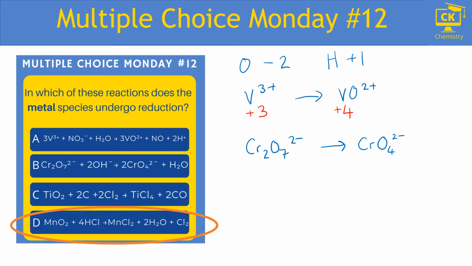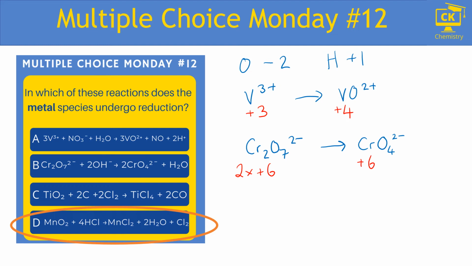The whole thing adds up to -2, and therefore I've got 2 lots of +6 for my chromium on that side, and on the other side, the chromium, we've got -8 for my oxygen. So I've actually not had a change in oxidation state. This is just an unusual thing that chromium does, where it kind of forms a different ion. It's actually still chromium +6.